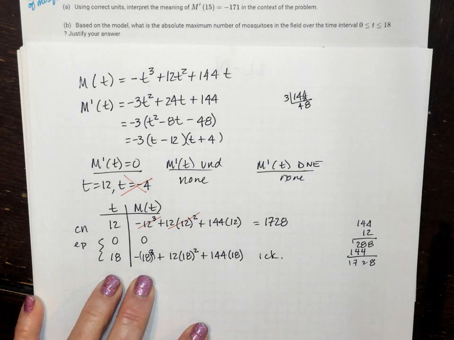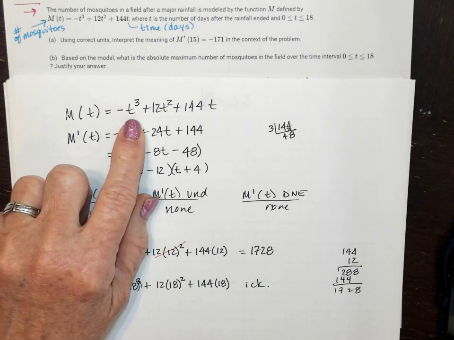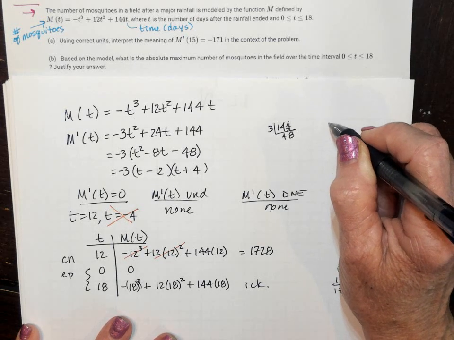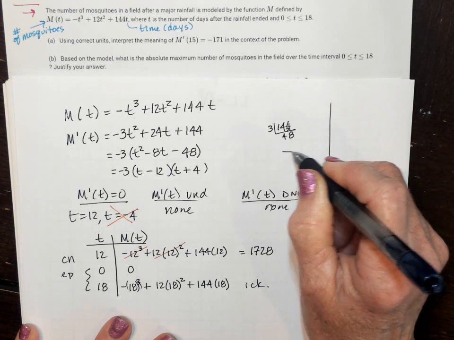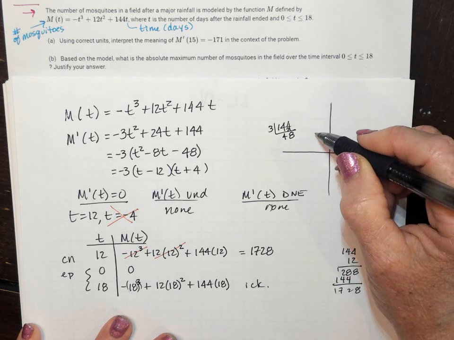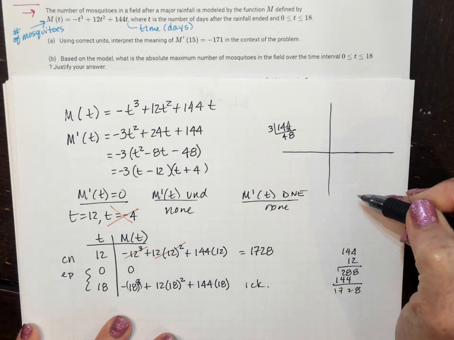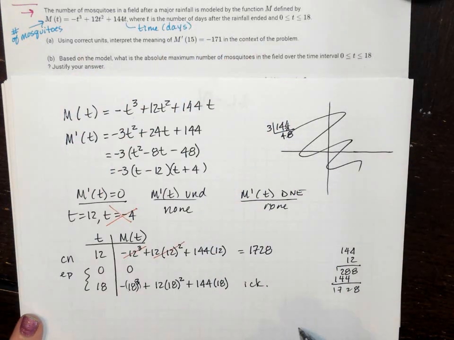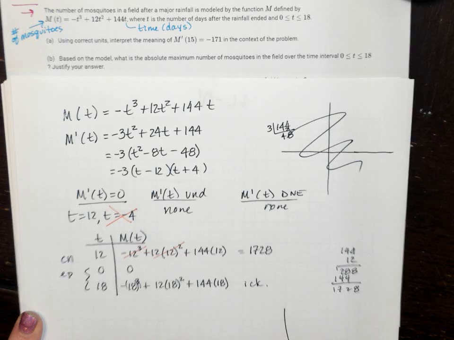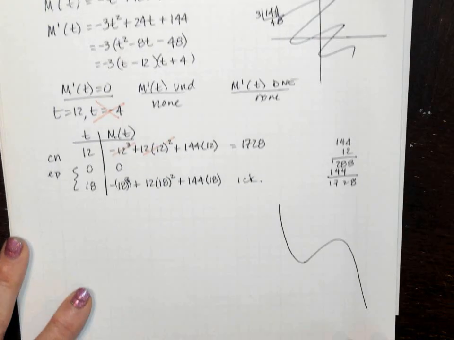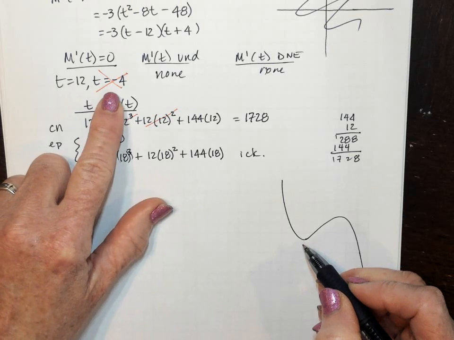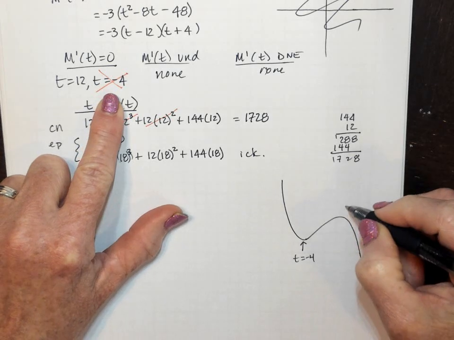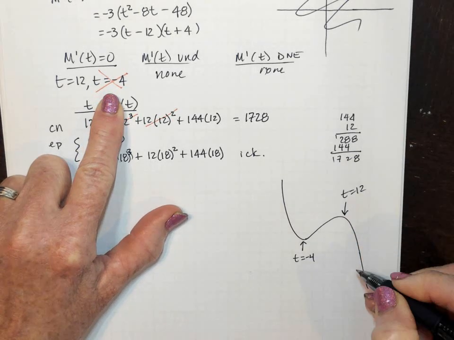So what I am going to do is think about the shape of this curve. That cubic must have looked like, let's see, cubics, one end up, one end down. It has to go like this. This spot must have been the first critical number, when t equals negative 4. This spot must have occurred when t is 12.